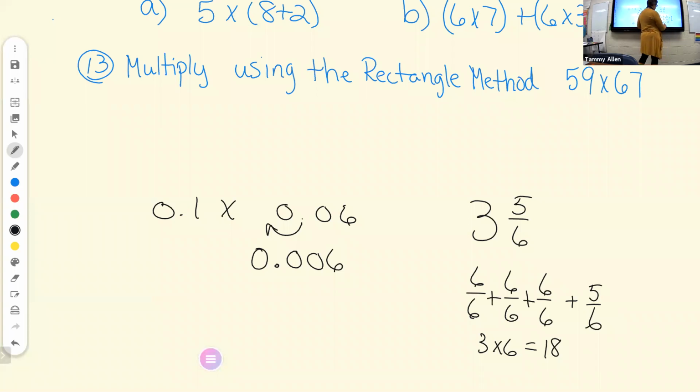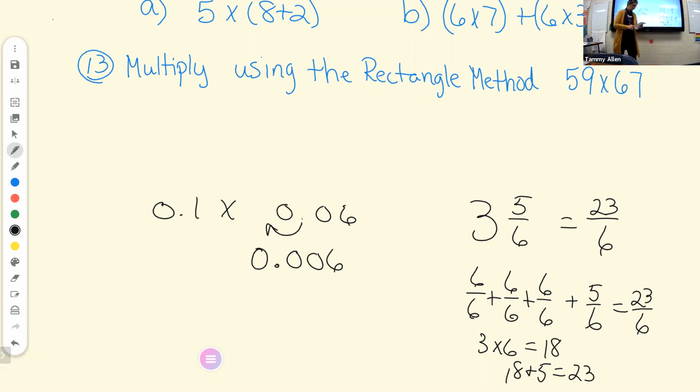So it would be 18 plus 5, which is 23, and they are all sixths.